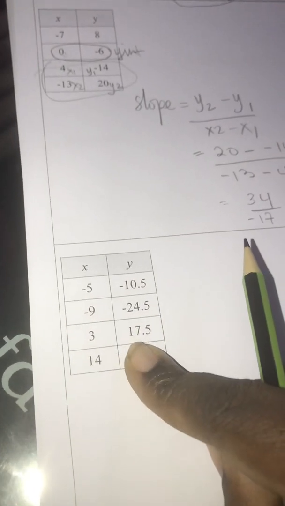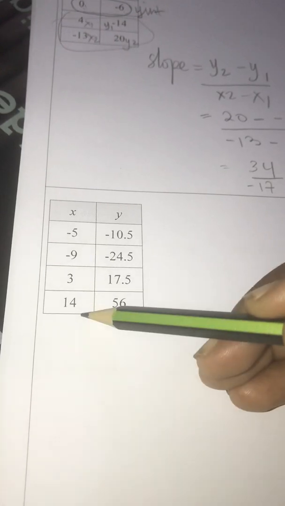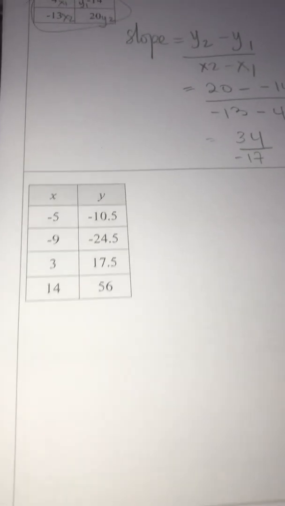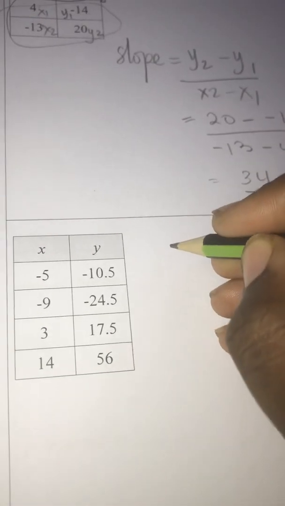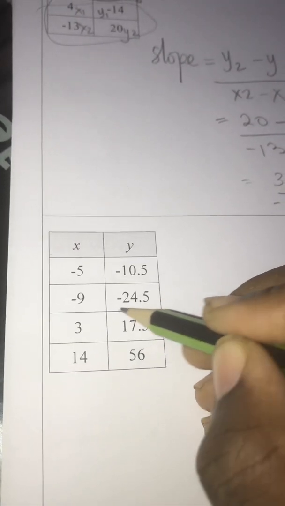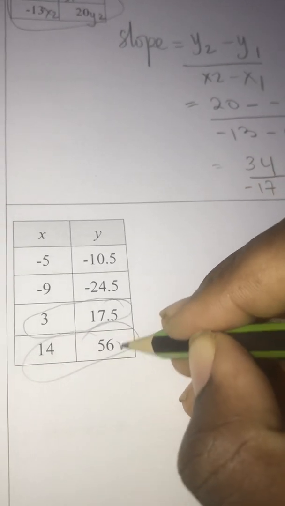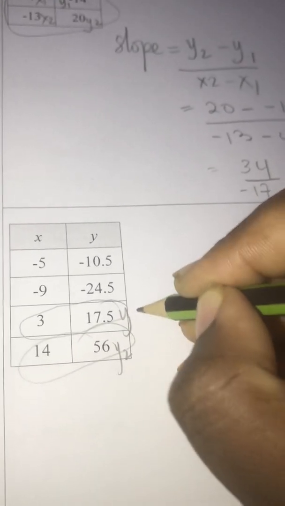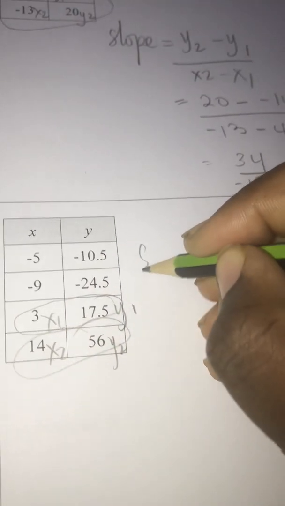Khalas. Now here, we have to solve, because there is no 0 on x. So we have to find slope. I will use positive numbers, it's easier. So I will do this one and this one. This is my y2, this is my y1, this is my x2, this is my x1.